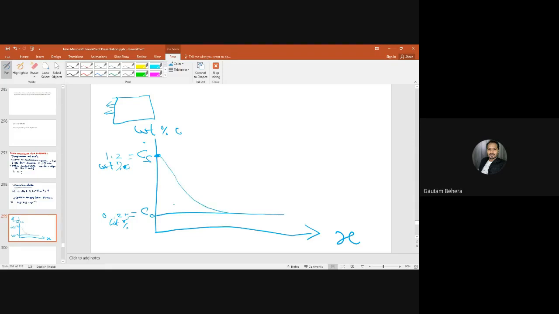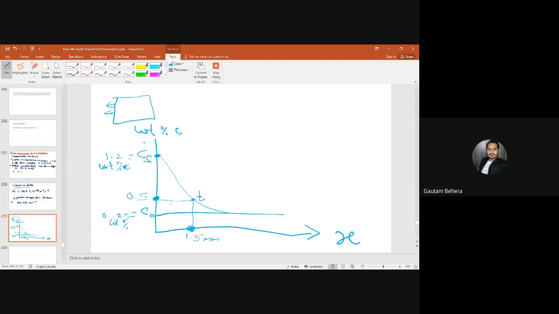Suppose this is your depth, that is 1.5 mm. This is the carbon concentration at this time T. The concentration is this much. How much? This is 0.5.